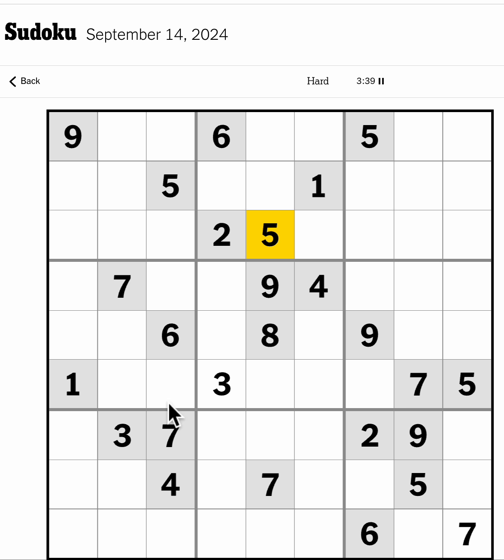1, 2, 3, 8, 9 for these cells. 9 cannot be here, 9 cannot be here, 9 can be here or here. 6 blocks here, 6 blocks here, so 6 in box 5 will be here or here. 7, 8. Wait, 7, 8, 9, 3, 4.